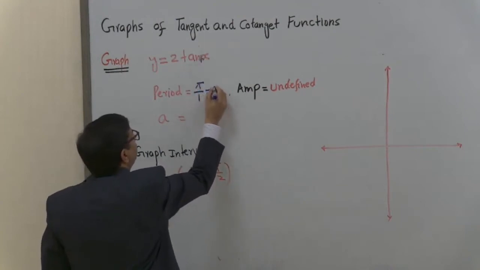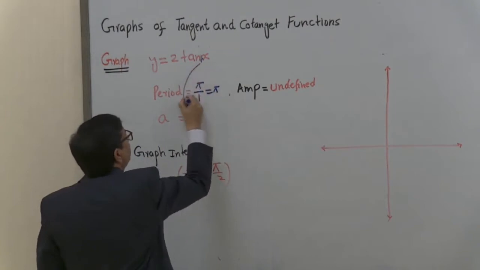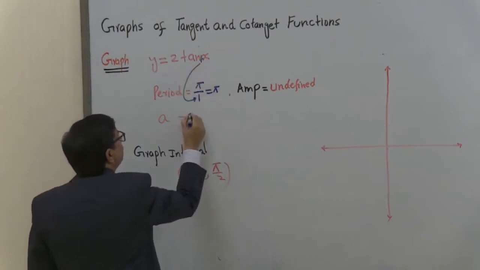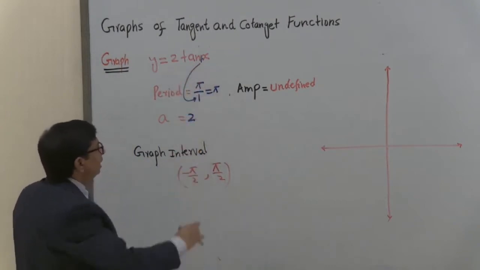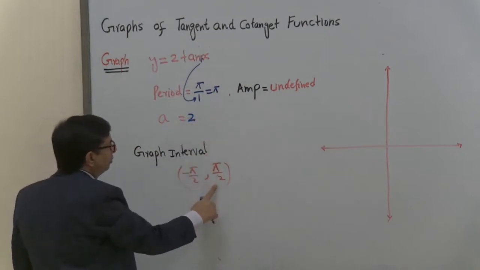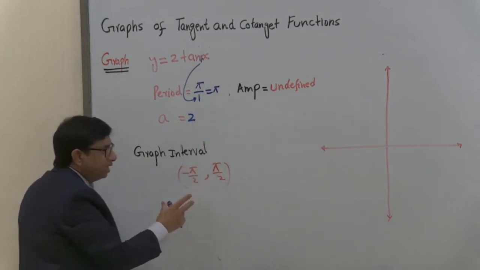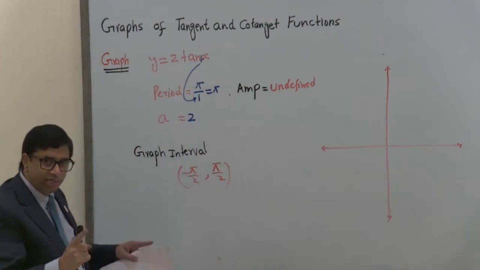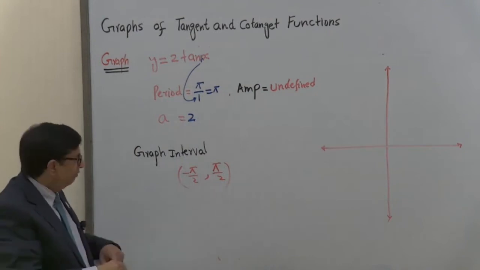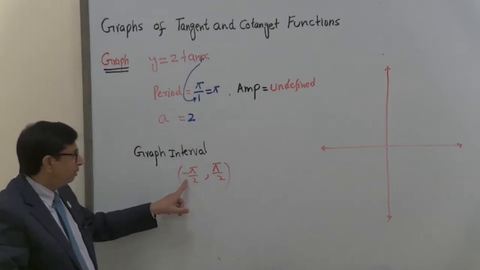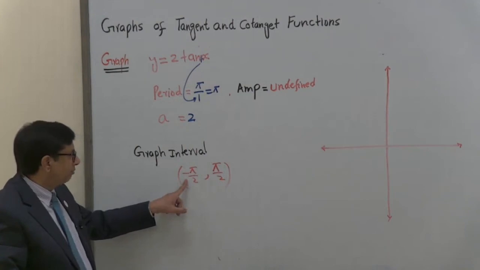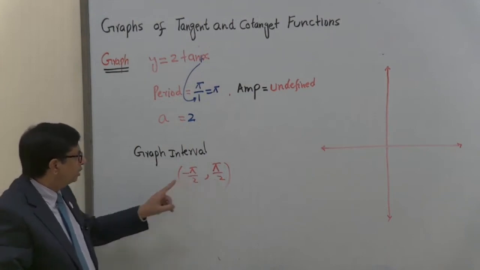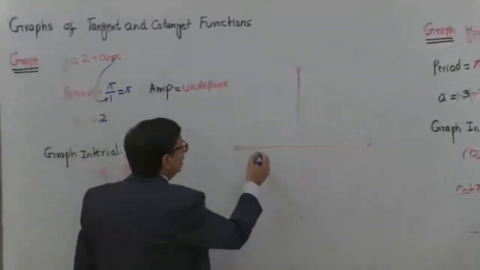So this is going to be 1, pi. This 1 we take over here always. And this 2 I write. And half of this one is pi over 2, minus pi over 2. This is the graph interval. I mean one complete period is pi. When you add this and this one, this gives you pi, total distance. So between these 2 points, graph will exist.